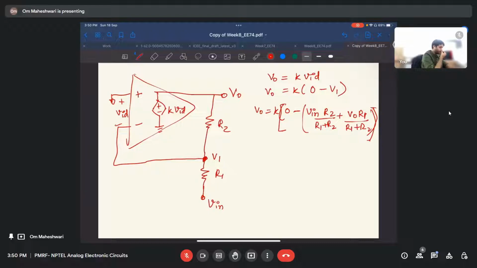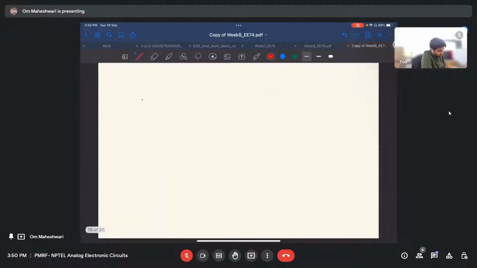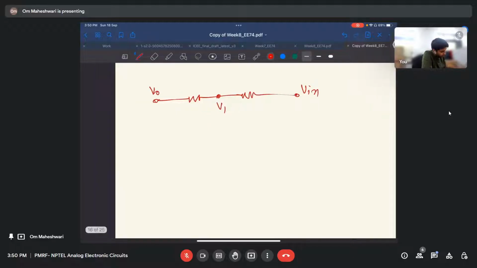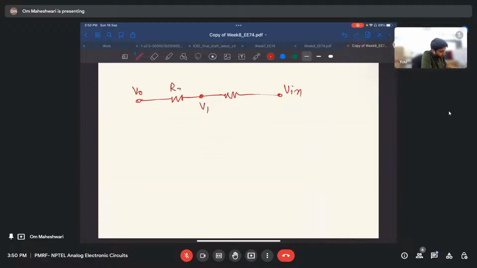Is this clear how I have replaced V1? Let me tell again. Here it is VO, here it is V in, here it is V1. This is R2, this is R1.